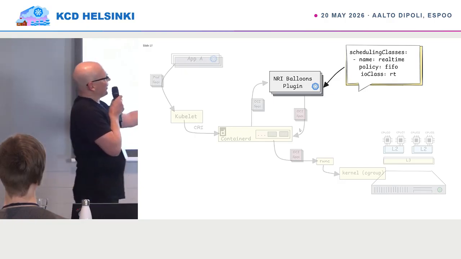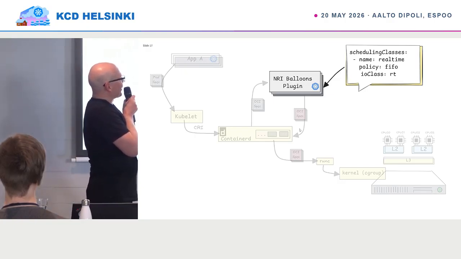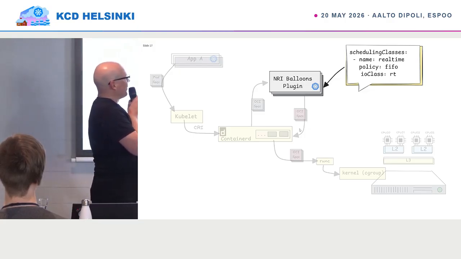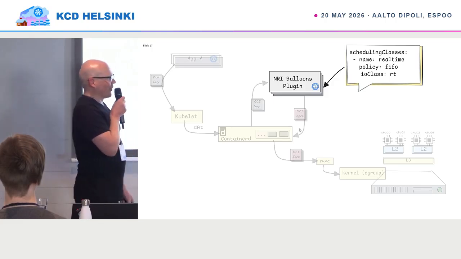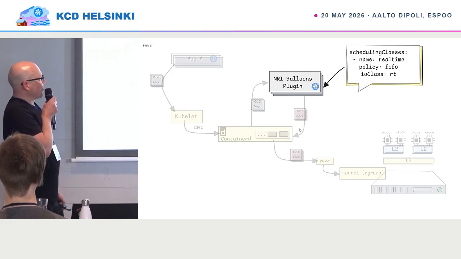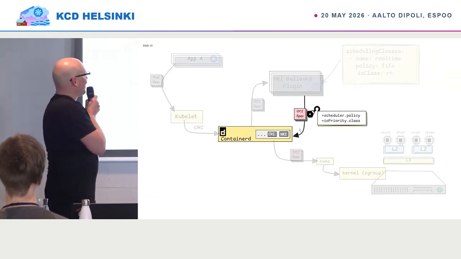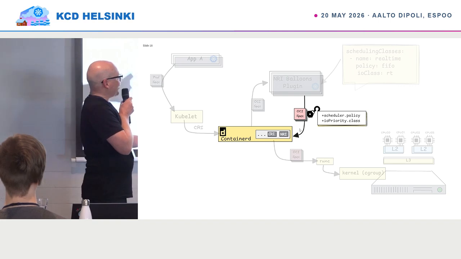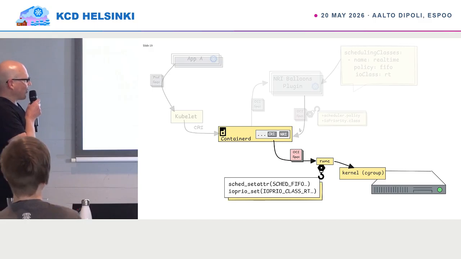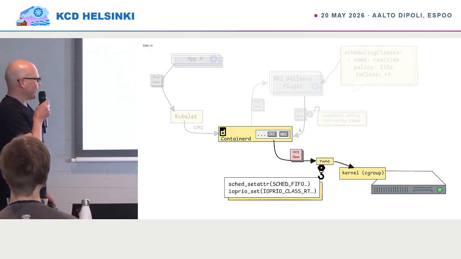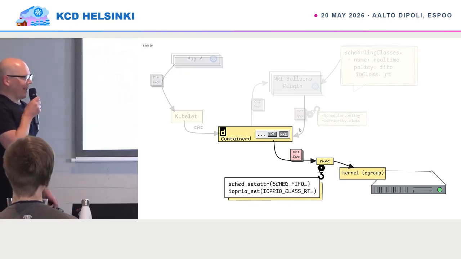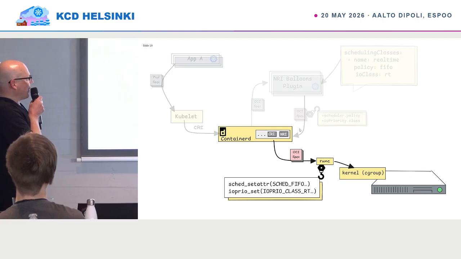So if we define a real-time scheduling class, it means that we want to set not only the process scheduling policy, which is FIFO, but also the IO class to real-time. Then what happens when this kind of container is created? Balloons policy adds this information to the OCI spec that goes down to runc, the low-level runtime, which then calls these syscalls to set the scheduling policy and IO policy correctly. And that way we now have a tuned container running in a balloon.